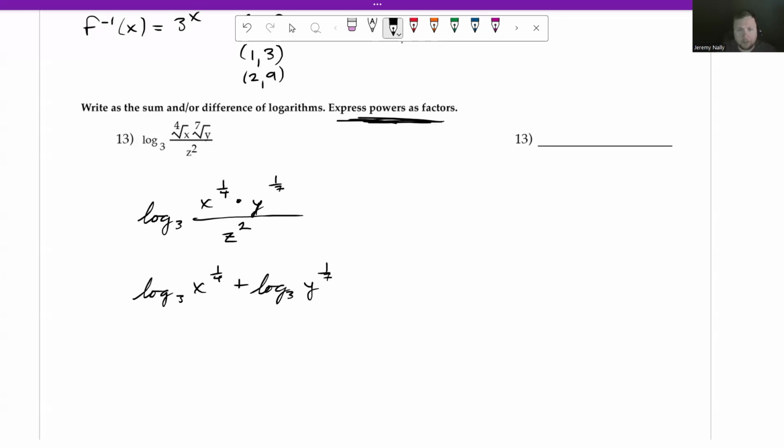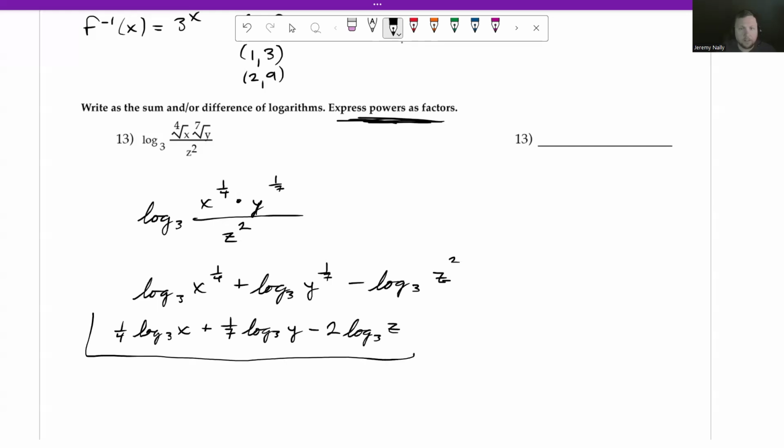And then everything on the bottom is going to be negative, with that log base 3 wrapped around it still. And then all of the exponents just come to the front as factors. Okay. And if you don't want to put it on the line, you just want to put a box around it, that's fine.